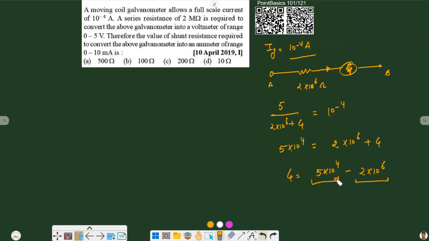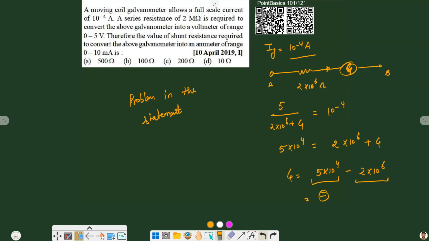So from this, G comes out to be negative, and resistance can't be negative, means there is problem in the statement. There is something missing in the statement, or some value is incorrectly defined.